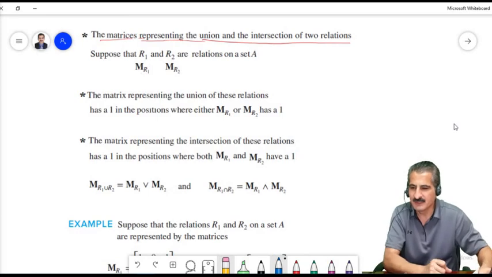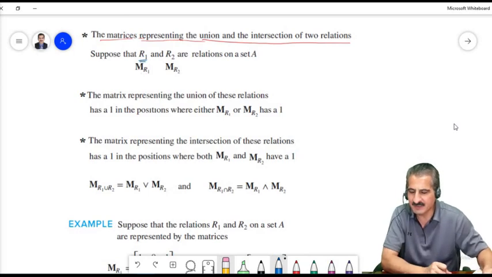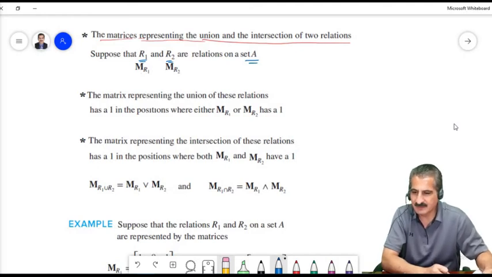Now, suppose we have R1 and R2 relations on a set A, from A to itself. R1 is represented by MR1, R2 is represented by MR2. Now we want to talk about the matrix representing the union. The union means it has a one in a position where either MR1 or MR2 has a one in that position.